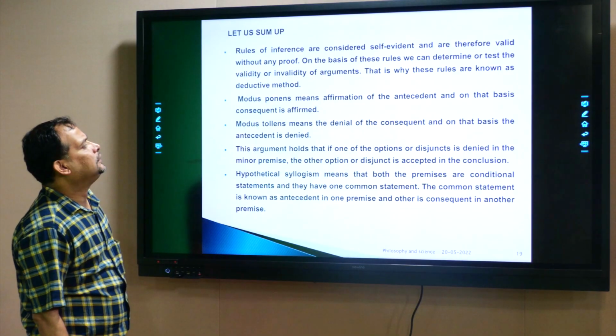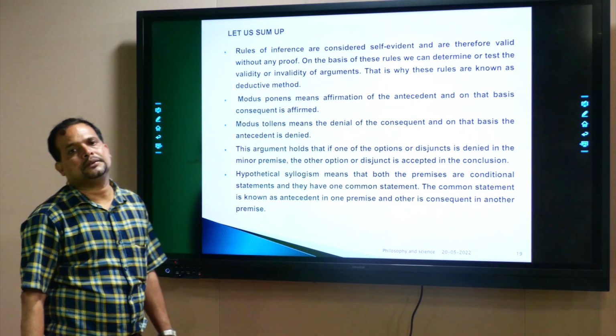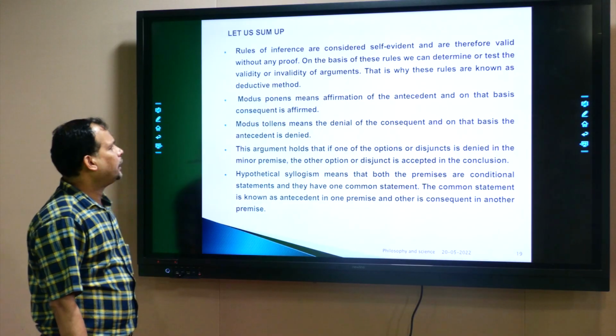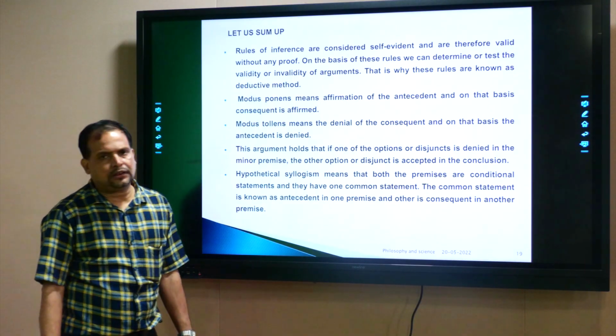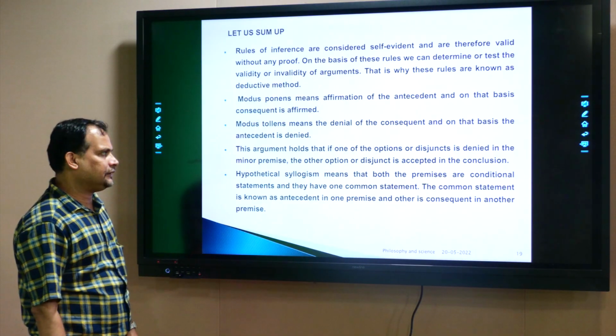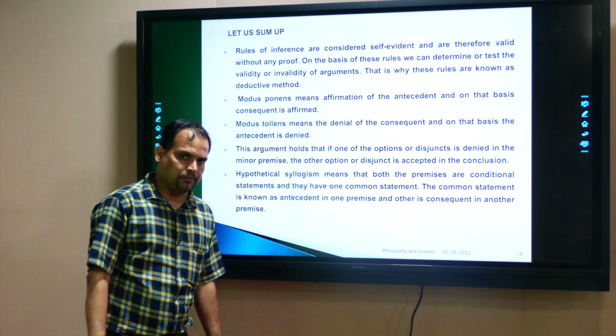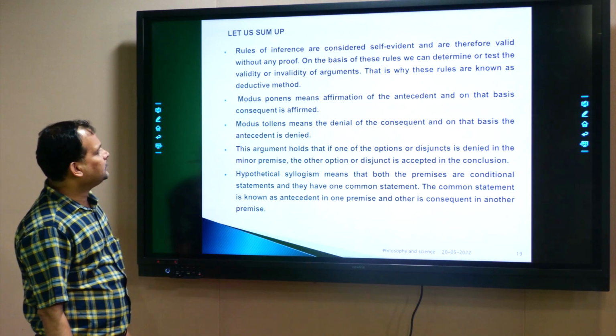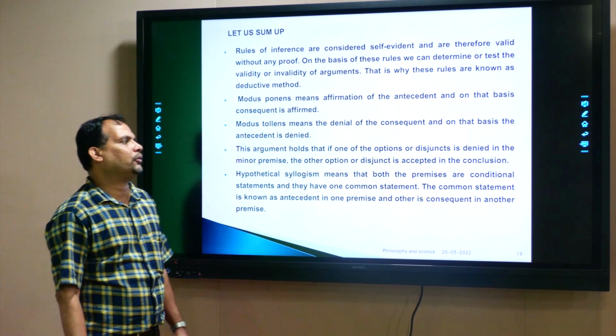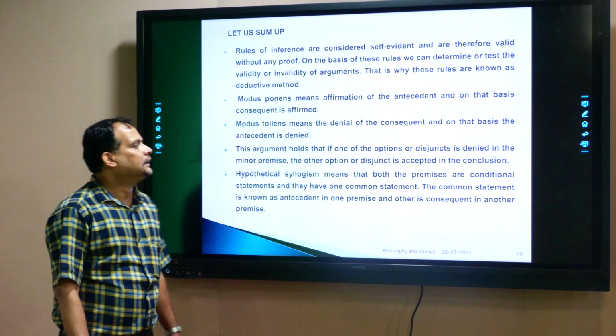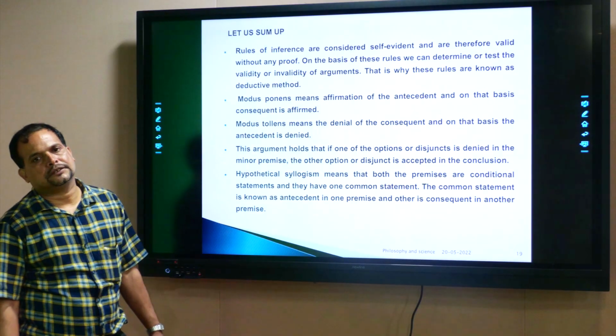That is why these rules are known as the deductive method. Second, modus ponens means affirmation of the antecedent, and on that basis the consequent is affirmed. Modus tollens means the denial of the consequent, and on that basis the antecedent is denied.